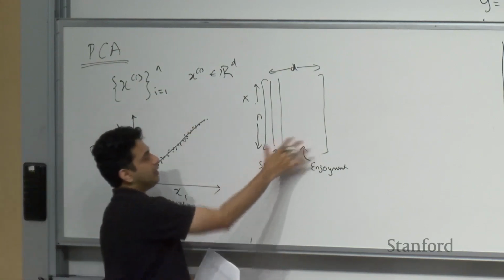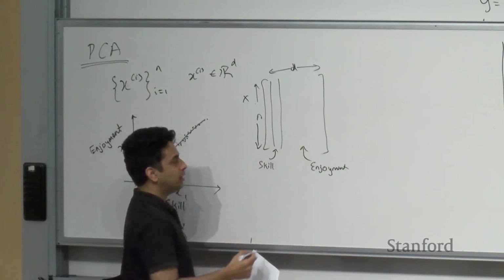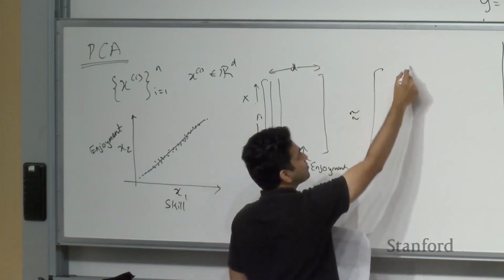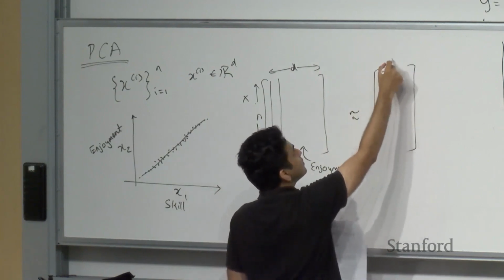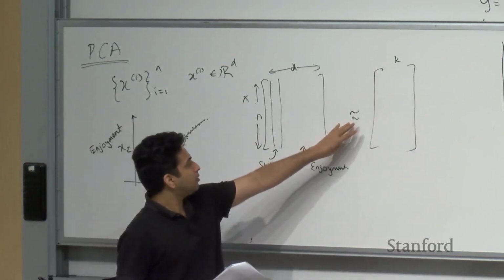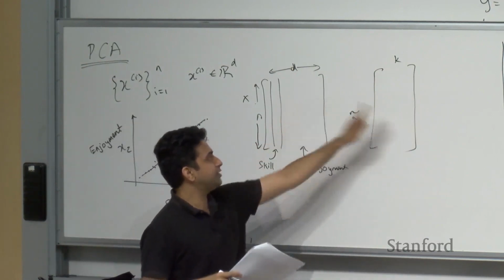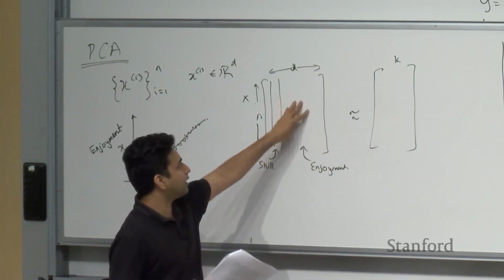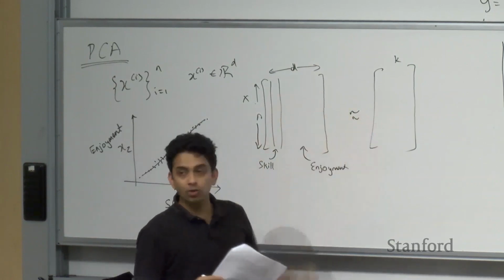Your entire d-dimensional space can probably be represented in a lower dimensional space, which is k. By this, I don't mean element-wise similar. We are just thinking of representing this high dimensional data in a low dimensional space.